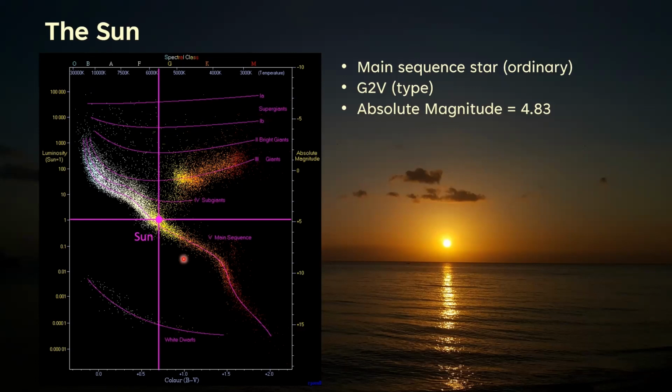For most cases they're not really fans of looking at the sun as a star, because it's very normal. It belongs to this group, and there are a lot of stars that are G2V. So it's not that unique, except for the fact that it is the closest star.